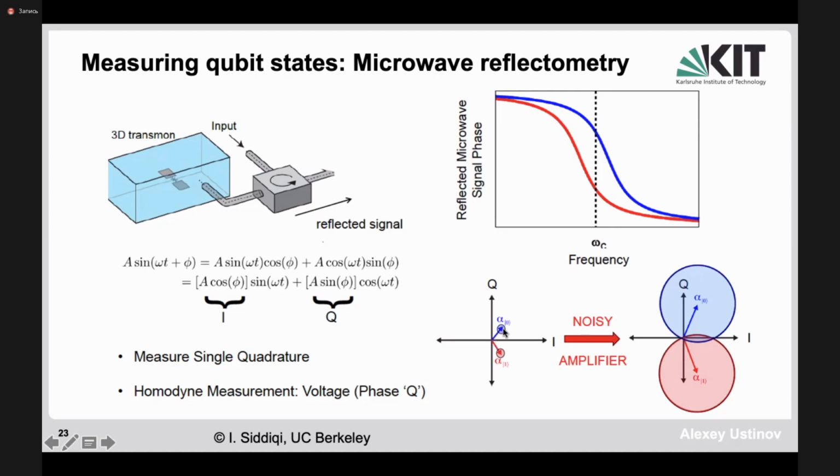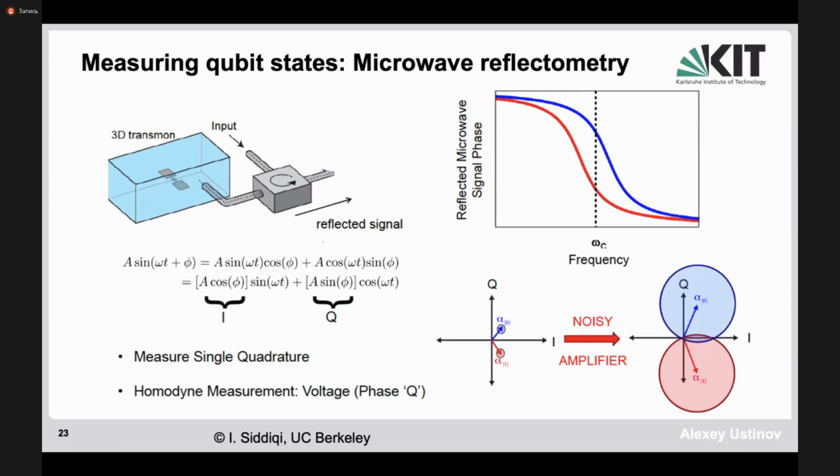So in this case, we will measure some particular point on the IQ plane, and the qubit states, blue and red, will be characterized by two blobs. Blobs, of course, because you have all this noise. So it's not a single point, it's a sort of smeared point for each state.